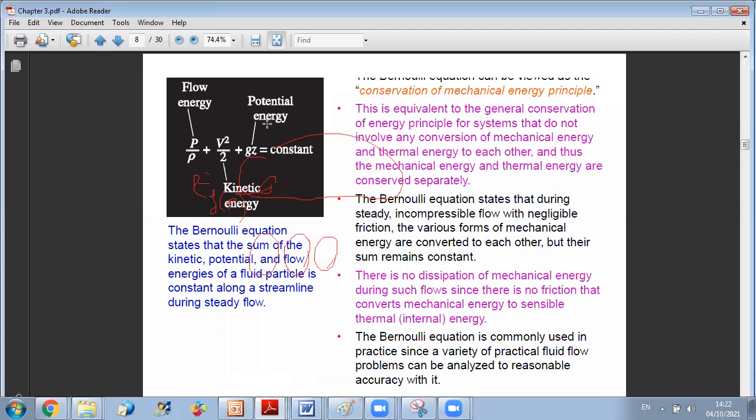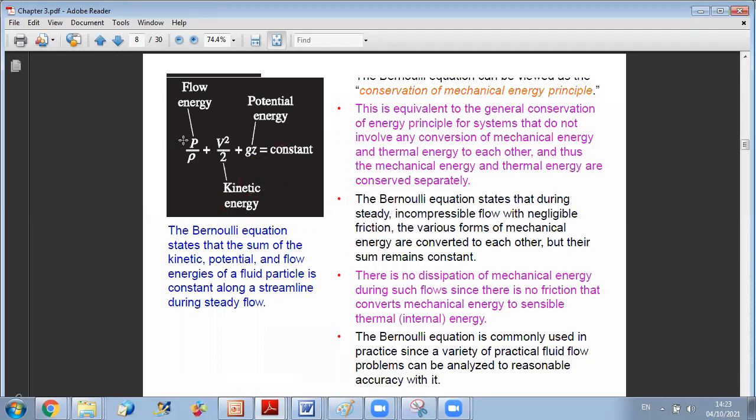So, as we said, the Bernoulli equation is similar to a conservation of mechanical energy principle. In addition to kinetic and potential energy, which we are familiar with, we have the flow energy.